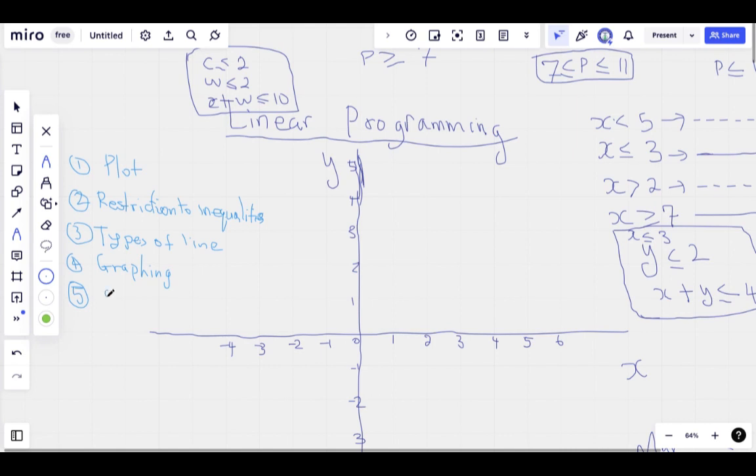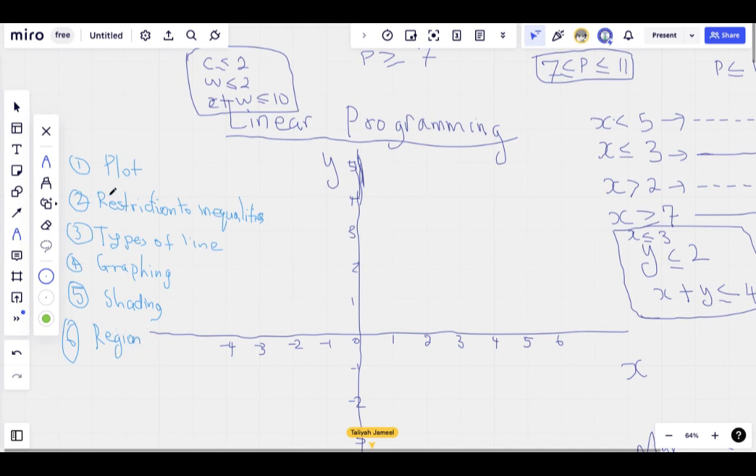Number 6, which is probably the final, is identifying the portion that the farmer needs, the region that is left after shading. Identifying the region that is required after shading.